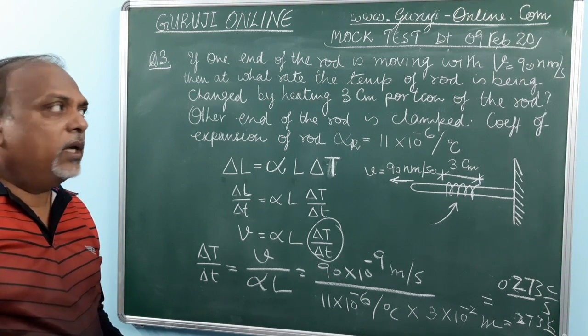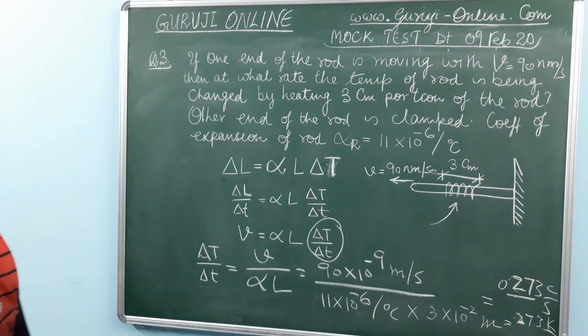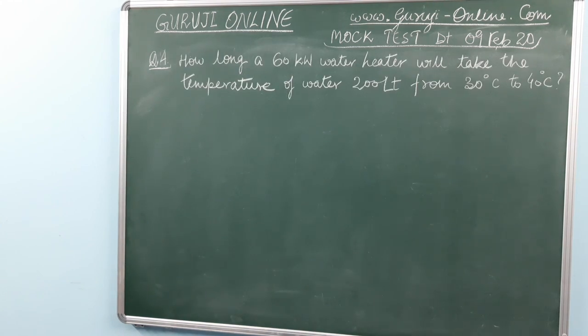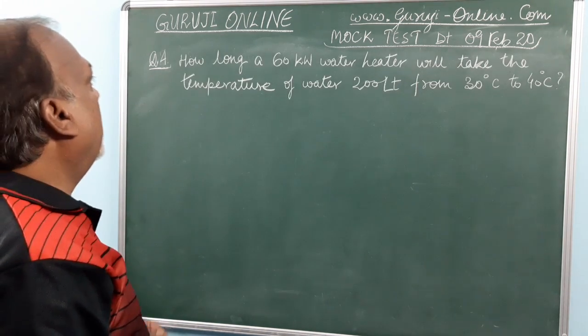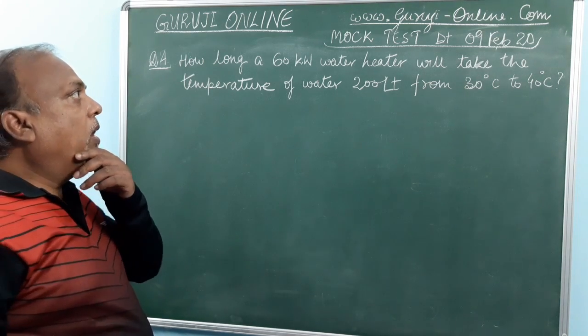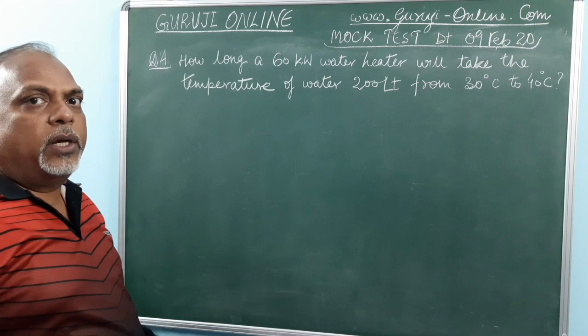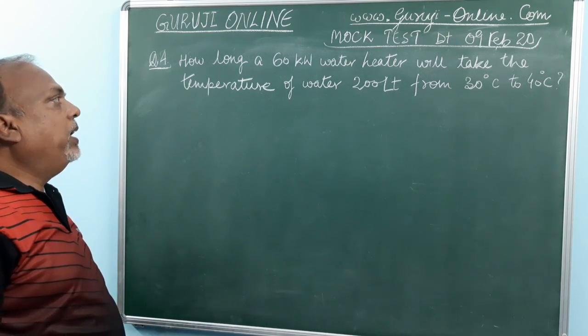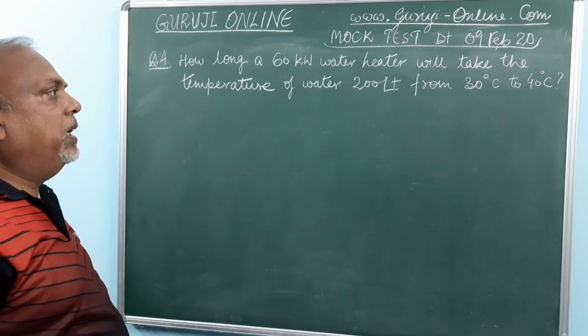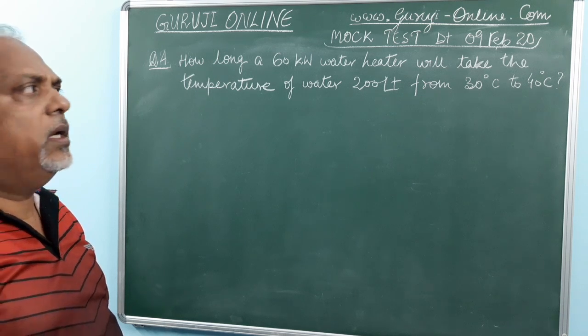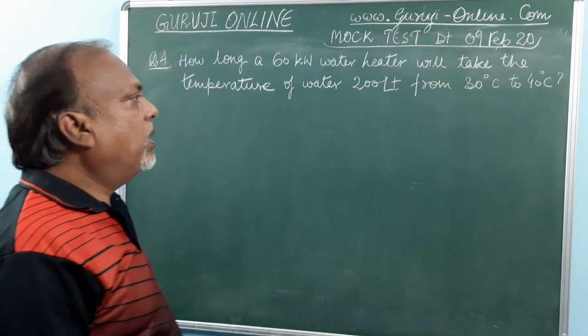Now we will go to the fourth question. So this is the fourth question of the mock test paper. How long will a 60 kilowatt water heater take to raise the temperature of 200 liter of water from 30 degree to 40 degree centigrade? It's a very practical problem.